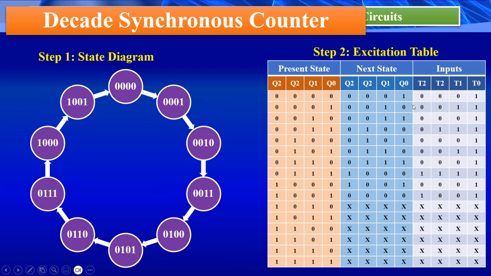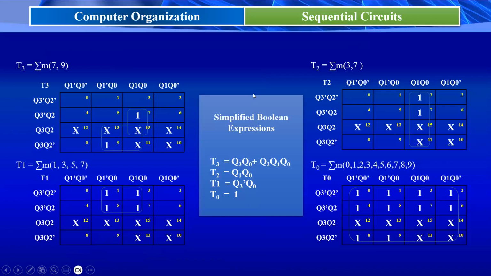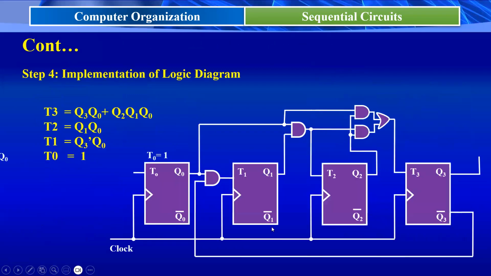So I calculate my flip-flop inputs based on the excitation table of the T flip-flop. Then the next thing is the simplification. These are the expressions for T3, T2, T1, T0, and their simplifications. Later, I realize the logic diagram with the help of these expressions.